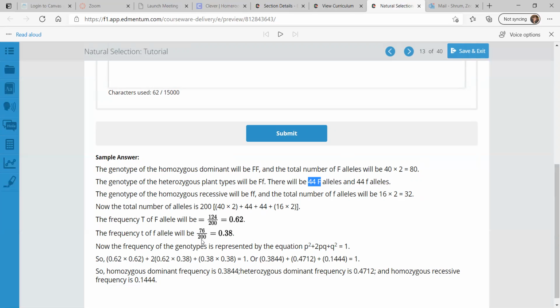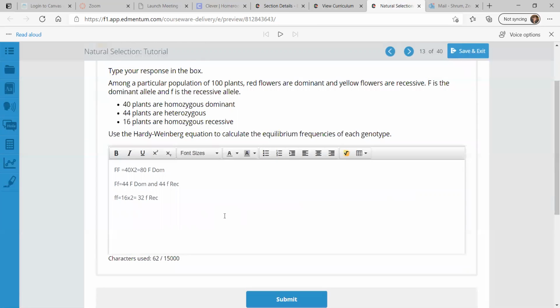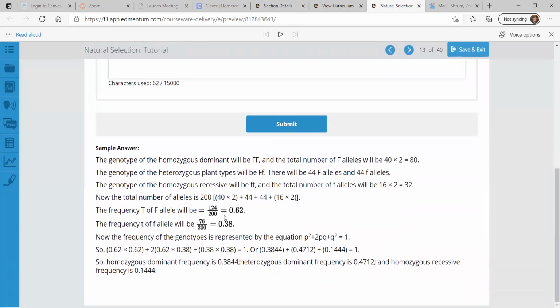So 76 over the total number of alleles, 200, equals 0.38. And now if you plug that into our equation, p squared plus 2pq plus q squared, we have 0.62 for p and 0.38 for q. If you add all that up, we have the equilibrium frequencies for each genotype.